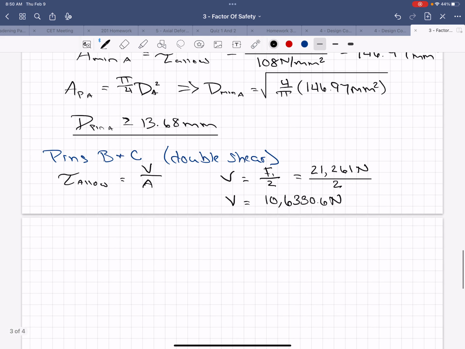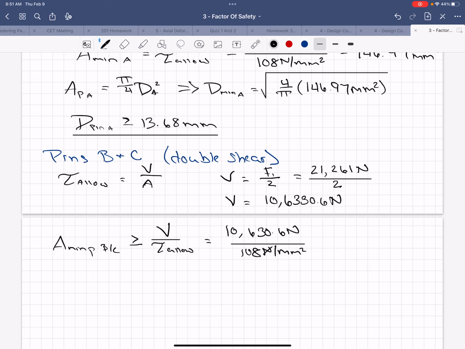Okay. So then we calculate the minimum area. A min of pin BC is greater than or equal to the shear force all over the allowable shear stress, and that equals 10,630.6 newtons all over 108 newtons per millimeter squared.